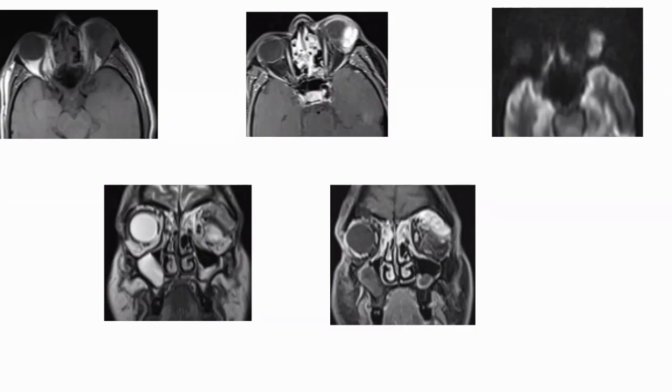It seems to be an extraconal lesion, and it is hypointense on T1 and shows significant enhancement on post-contrast images. DWI shows diffusion restriction, and it is located on the superior lateral aspect of the orbit.